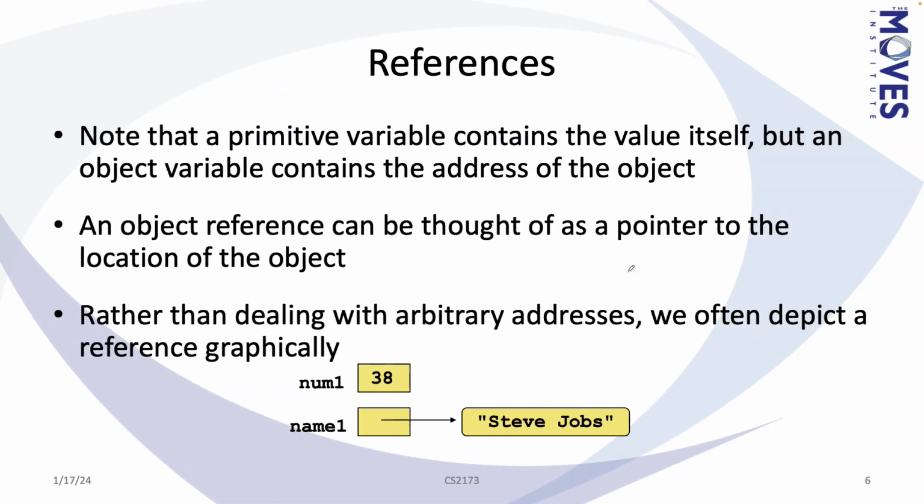Okay, so now, a primitive variable, let's delve into this reference thing. It contains the value itself, but an object variable contains the address of the object, an address in quotes, meaning the address within the virtual machine, which is not the same as the address within memory itself.